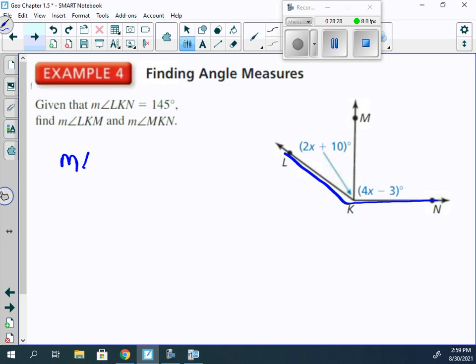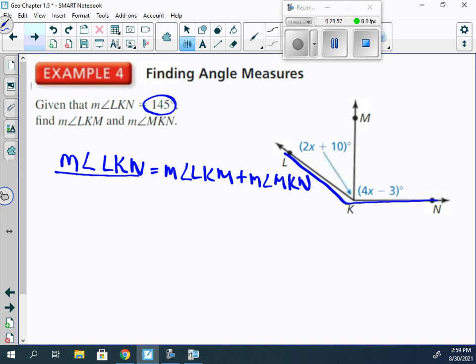Well, from our postulate we just had, they told us that LKN is equal to the sum of its two parts, the measure of angle LKM plus the measure of angle MKN. So really we're saying that the whole angle is equal to the two parts. Well, let's make this a little bit simpler. LKN is what? 145.